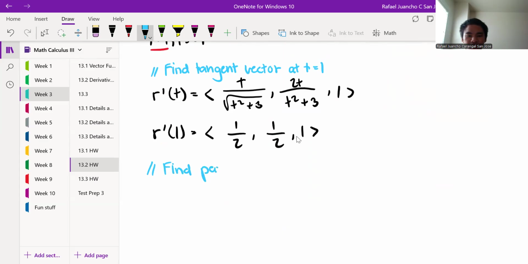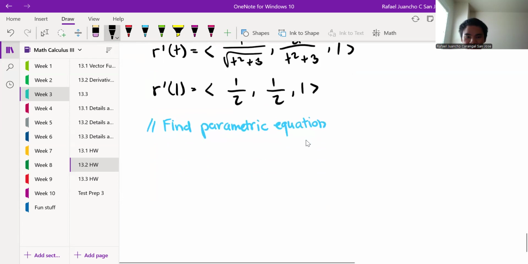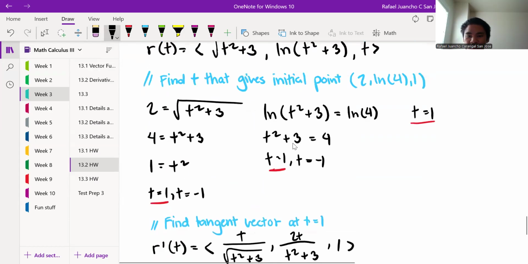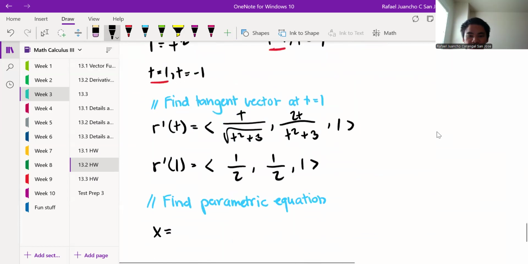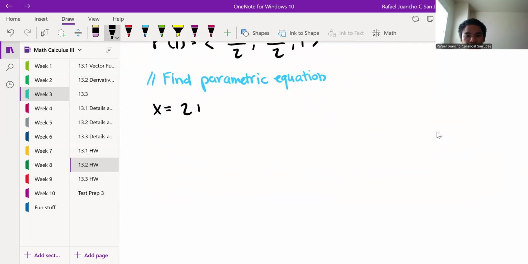And from there, I can find parametric equations. Let me quickly do that, because we have our initial point and we have our direction vector here. So x equals my initial point, 2 plus 1/2 of t.